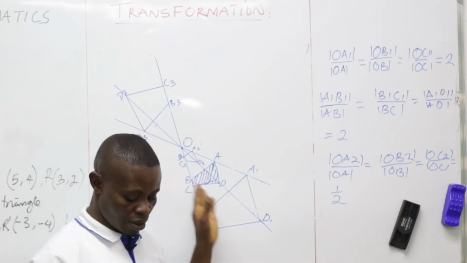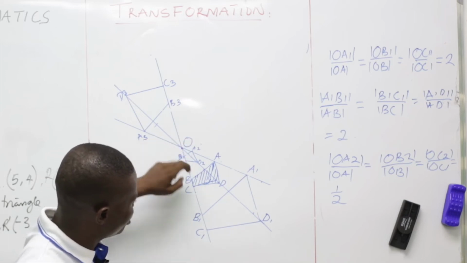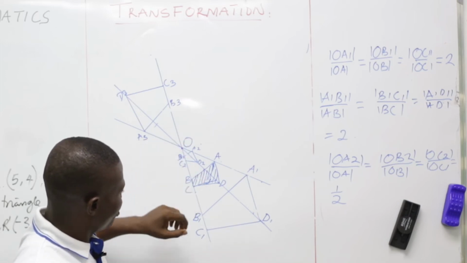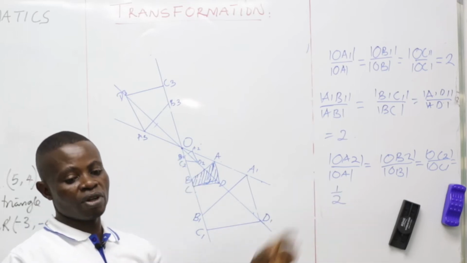Look at it critically. This is an image, this is the object, the image is half of this, meaning the scale factor is 1/2.